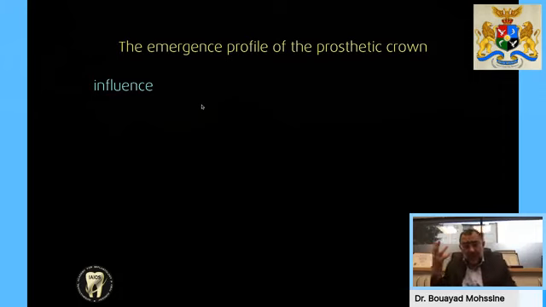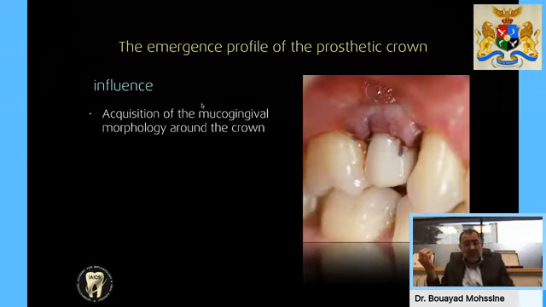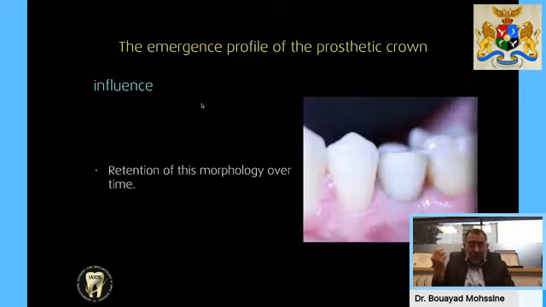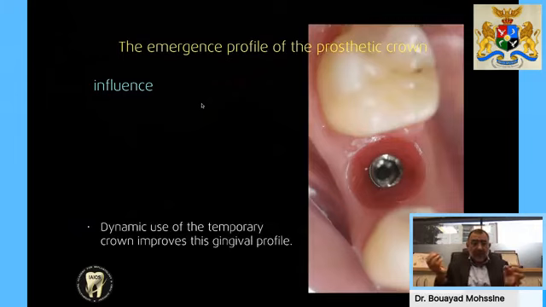The influence of our temporary crown is the acquisition of the mucogingival morphology around the crown and the retention of this morphology over time. A dynamic use of the temporary crown improves this gingival profile.